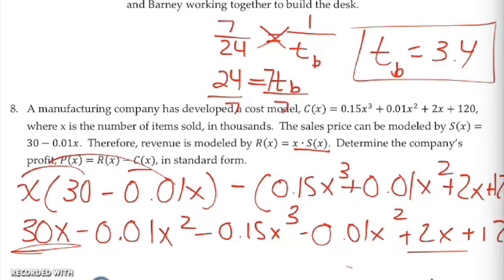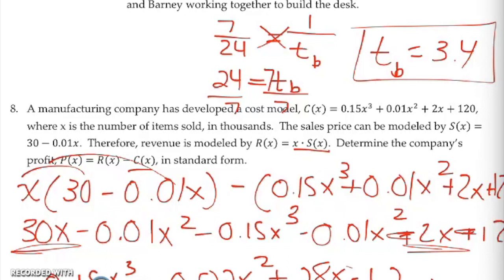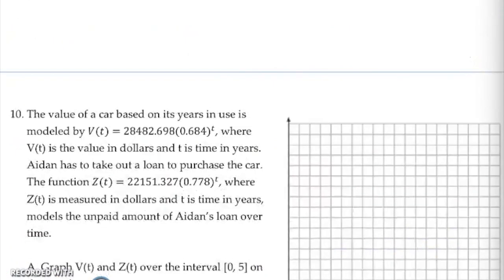Like the 30x and the negative 2x, and negative 120, distributing that negative out. Those could combine. And so we're just going to wind up with negative 0.15x cubed minus 0.02x squared plus 28x minus 120. So really just a lot of algebra 1 in there. It's just that it looks a little bit intimidating. All right, let's go to the next one.